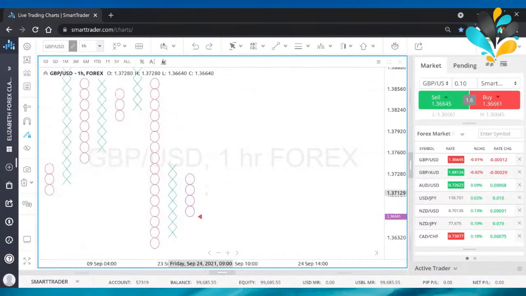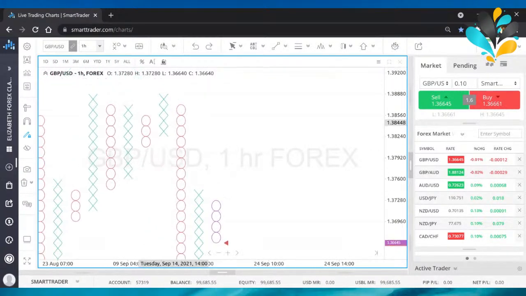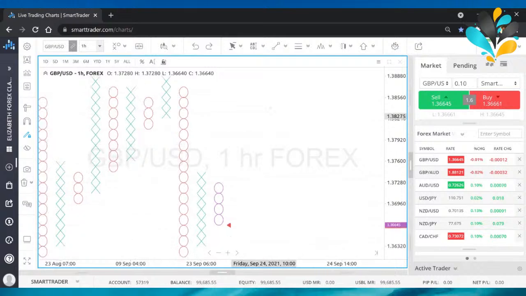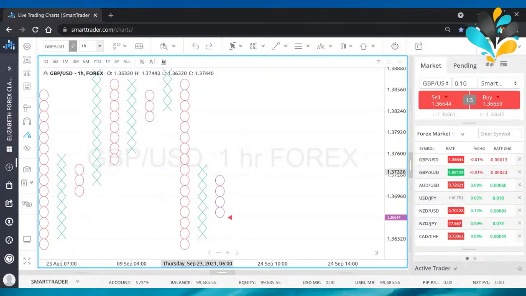The circles represent when the market is going down, and the X's represent when the market is going up. It's red where the market went down, green where the market went up, and purple shows the most recent movement.